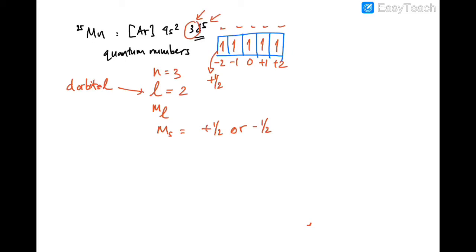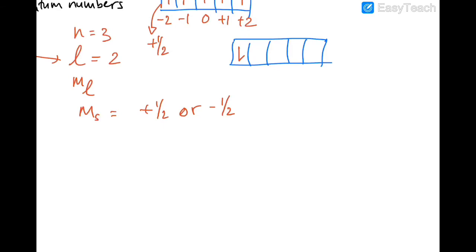You can also write it down like this. If you start from spin down, that also works, but you all have to do it like this. The spin has to be the same until you have to pair them up.